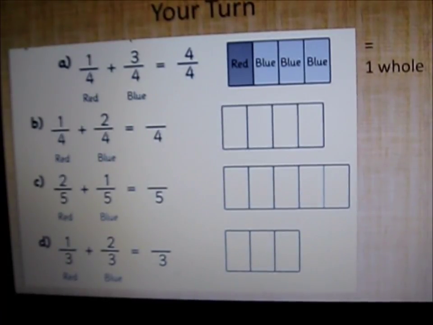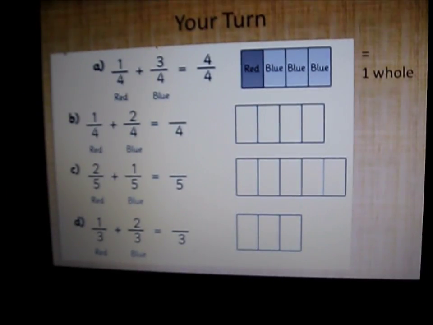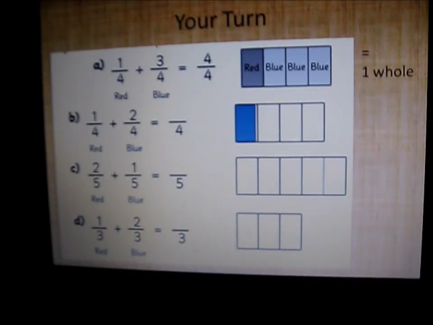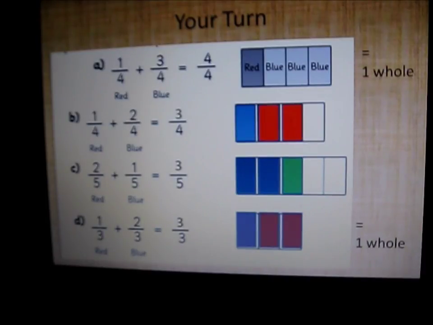B. 1/4 plus 2/4 equals 3/4. 2/5 plus 1/5 equals 3/5. 1/3 plus 2/3 equals 3/3, or 1 whole.